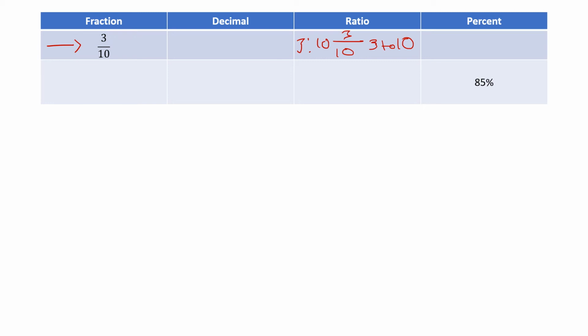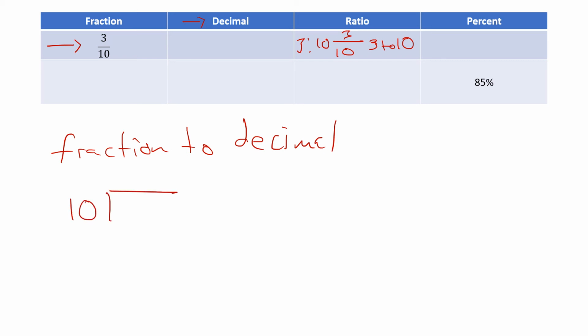All right, so we have a ratio, decimal and percent. Which one should we do first? Let's start with the decimal because we need the decimal in order to make the percent. So do we remember, how do we turn a fraction into a decimal? This is a technique that you should have committed to memory by now. To turn a fraction into a decimal, you divide: the denominator on the outside, the numerator on the inside.